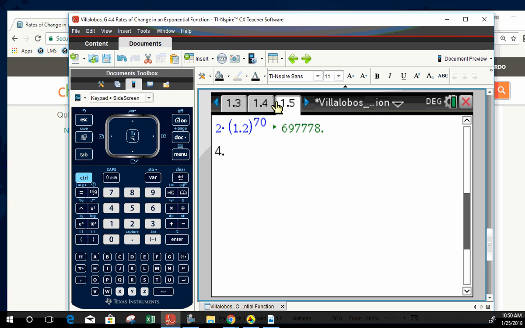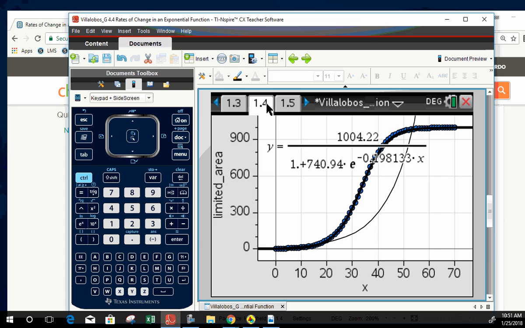So 4 and 5, graph, scatter plot. And you'll see that it's 70 years.